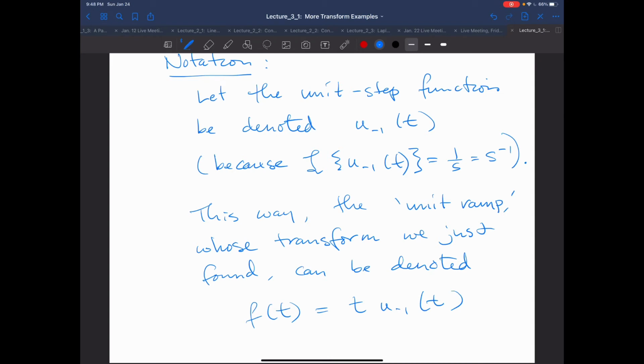Instead of talking about the two cases where t is negative and t is non-negative, we can simply multiply by the unit step a function that takes the proper values when t is non-negative. So we'll represent our one-sided functions often in terms of the unit step function.